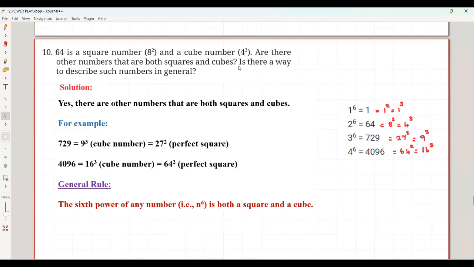Now they are asking, is there a way to describe such a number in general? Can we write any rule for this?